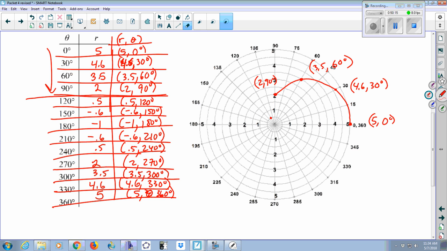We're going to curve this around like that, because as we come into 0.5 we want to be at this angle, tangent to that line, 120 degrees. Now we get into these negative numbers. The next 3 deal with negative values for r. So let's be careful. Let's go to 150.